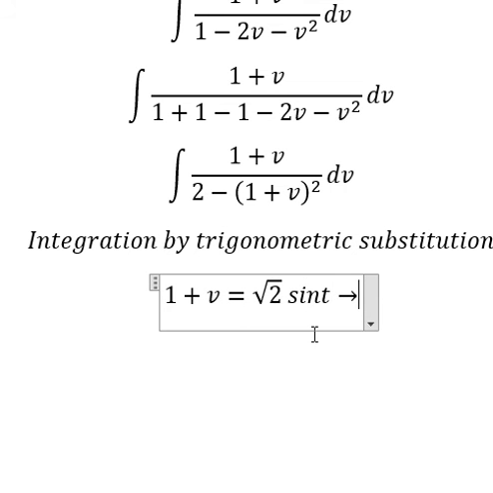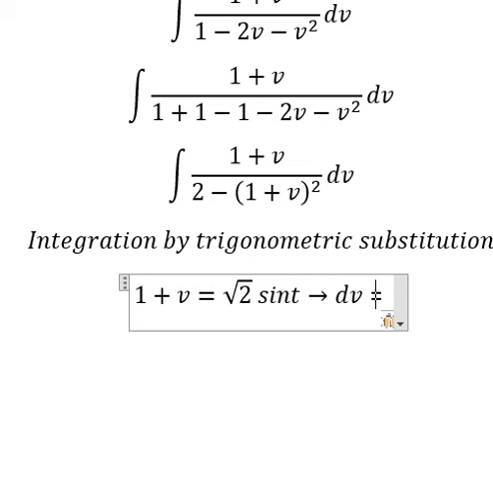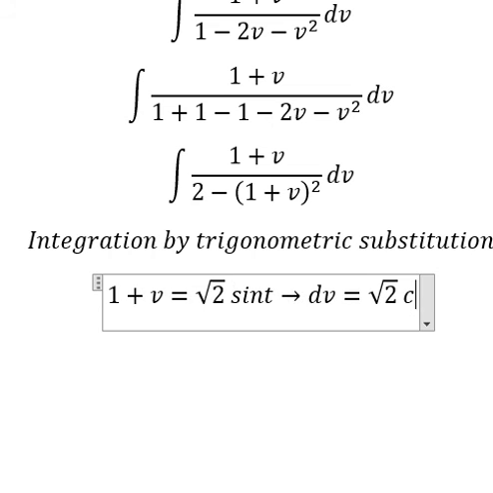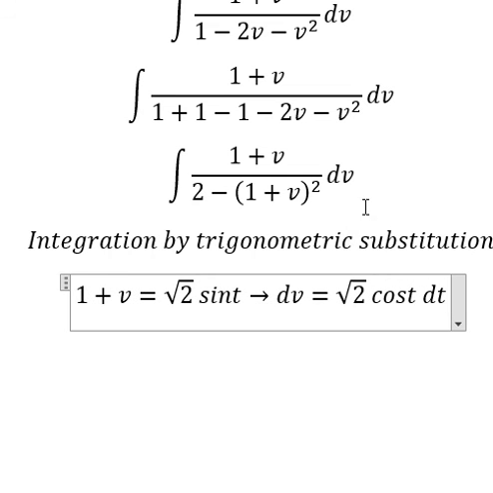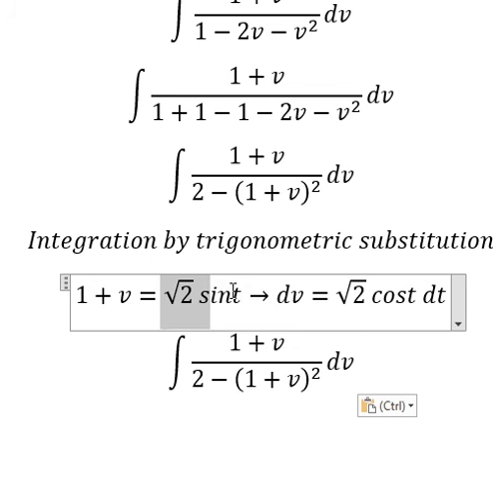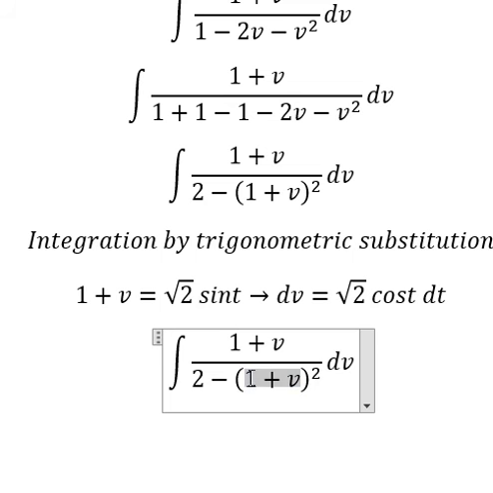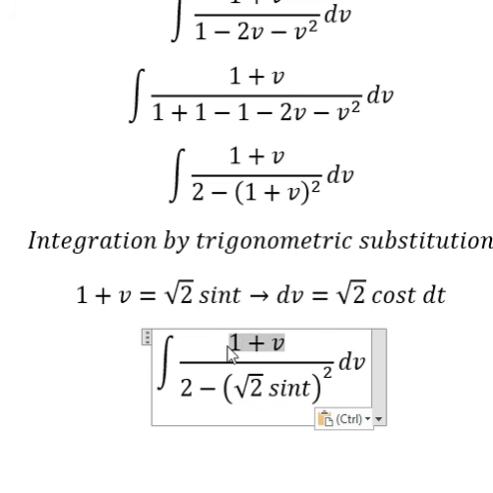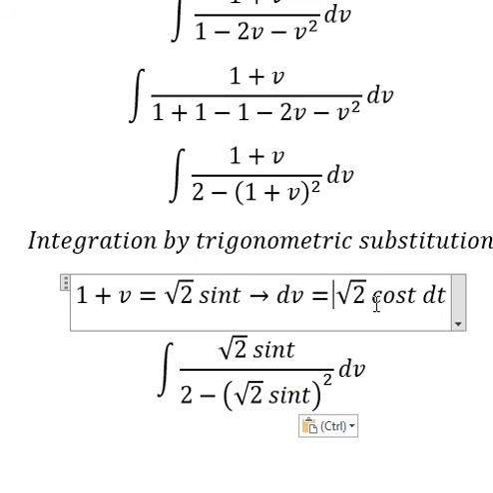So this one we do the first derivative for both sides, and we have dv equals the square root of number 2 cosine t dt. So we put this one in here. This one in here. dv we change for this one.